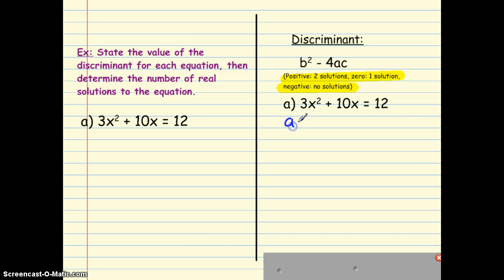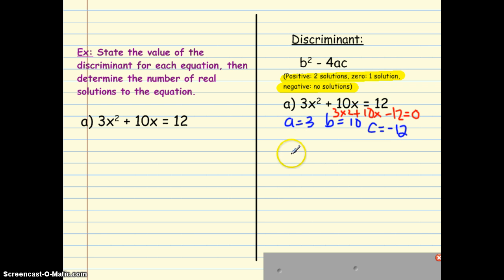So our A is 3. Our B is 10, and oh no, we should have gone 3x squared plus 10x minus 12 equals 0. So our C value should be negative 12.